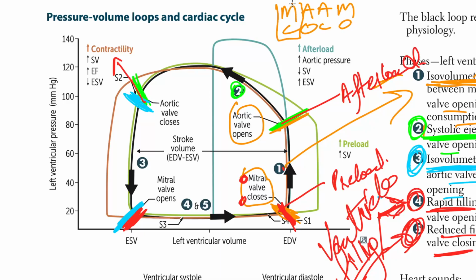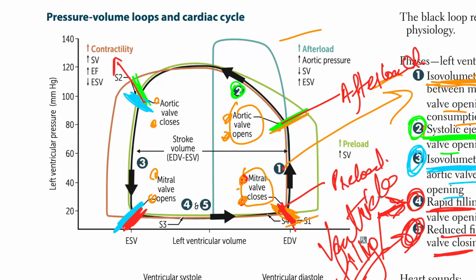So let's look at the first one. Mitral closure, MC, that's 1. 2, aortic opens. Third, aortic closure. And MO is mitral open, the 4th point. So in order to memorize a graph, like where the valves are closing and opening, MAM Coco could be a mnemonic that you can utilize.